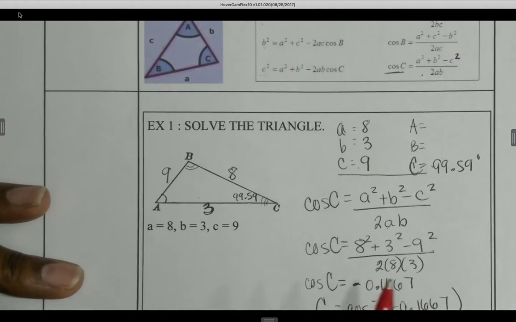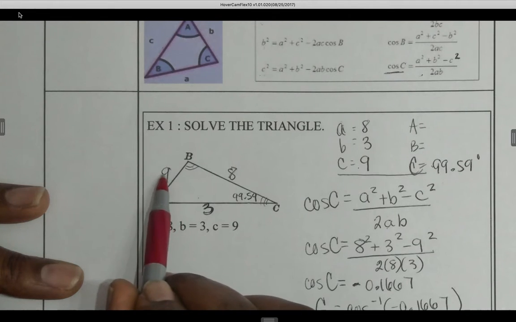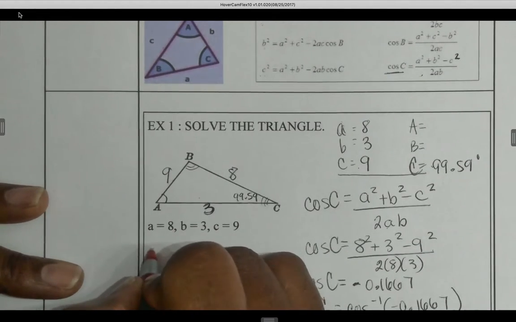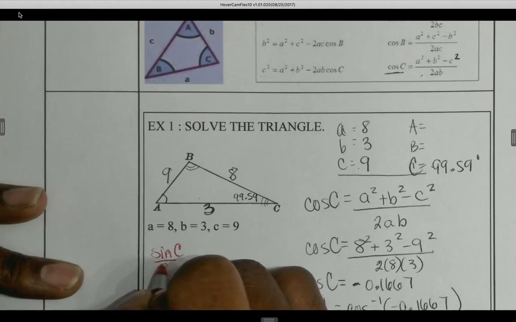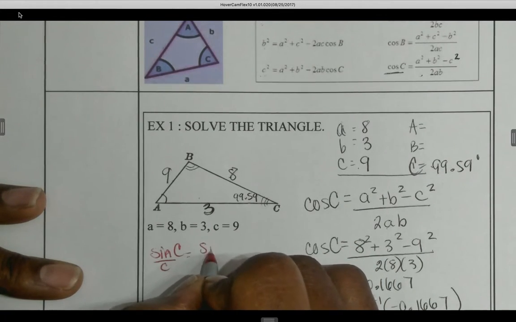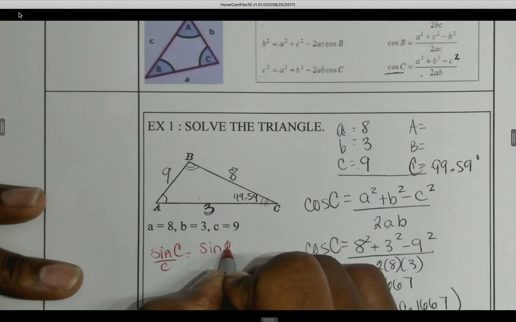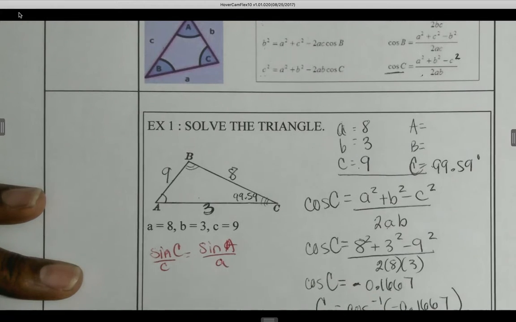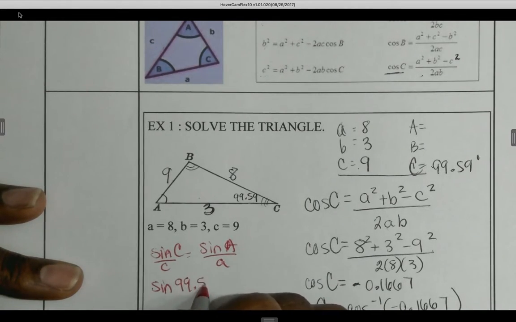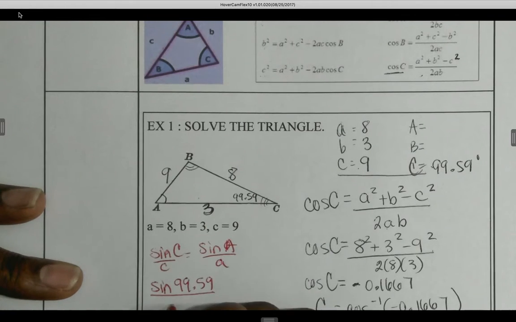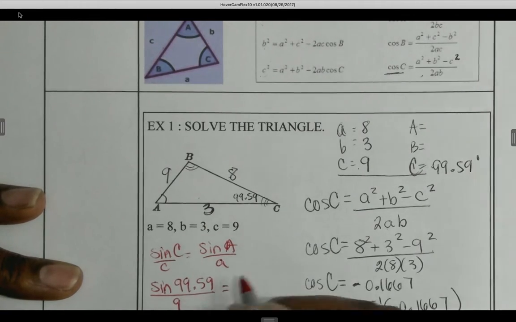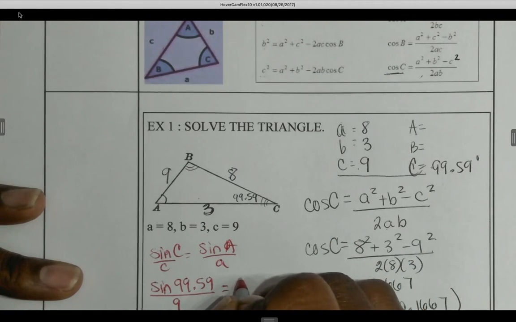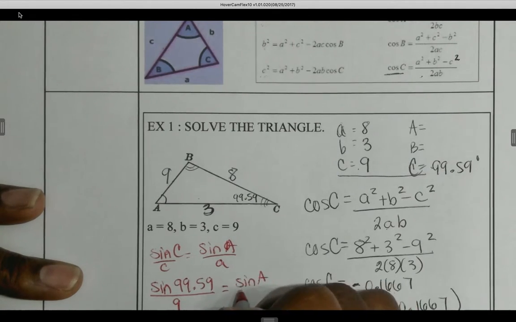And I know side C and angle C, so I'm going to say sine of C over C equals, let's say, sine of A over A. So that means sine of 99.59 over C, which is 9, equals sine of A, I don't know, but then I know side A is 8.